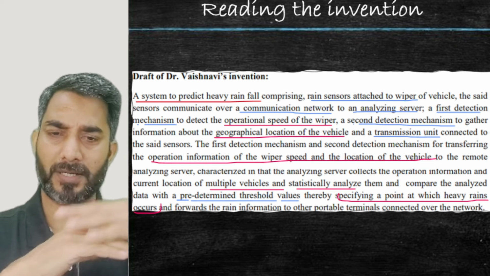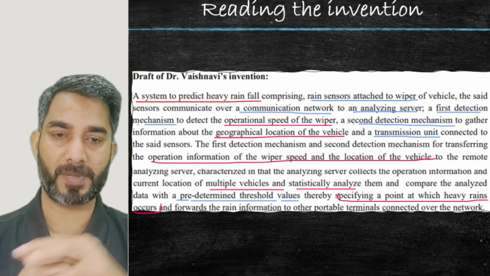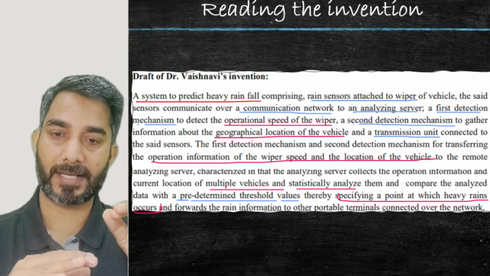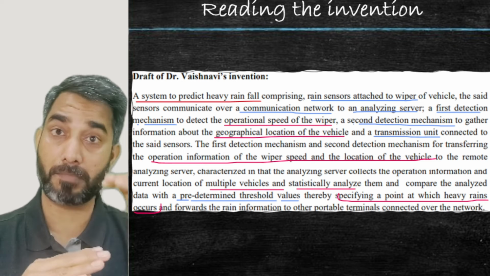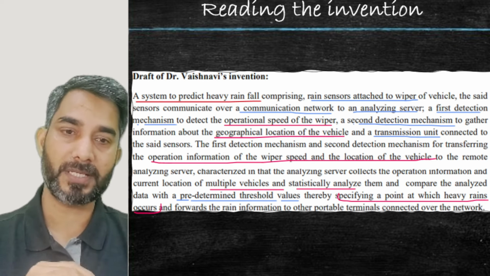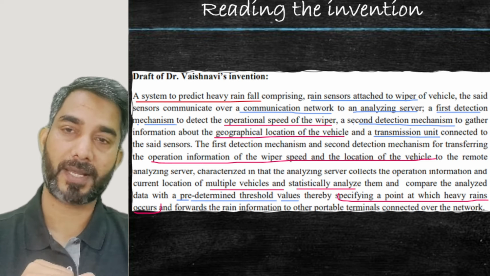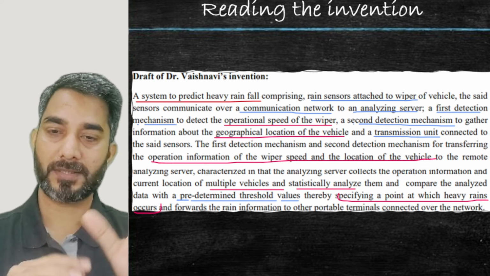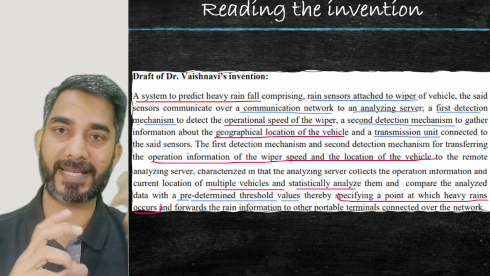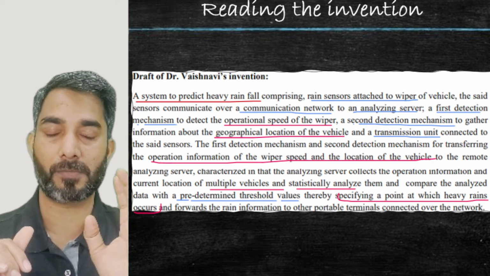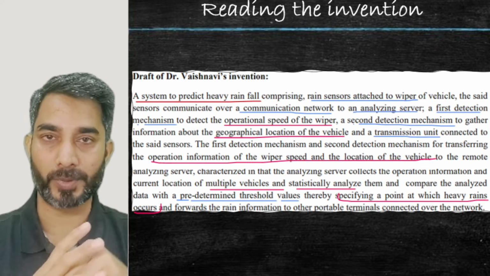Of course, there would be a threshold value beyond which a decision would be taken. So what they say is, once the data indicate that it is beyond a threshold value, it means it is a point at which heavy rains occur. And once insight has been derived that, okay, I have collected all the data from all the cars which are moving around.